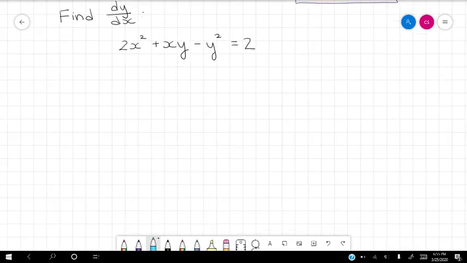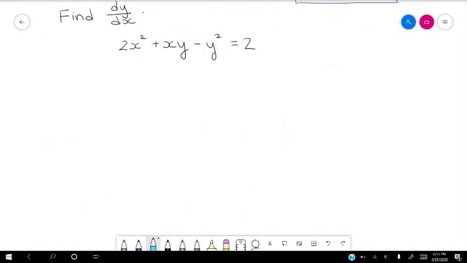Okay, welcome back. So definitely we see the x's and y's are muddled together. We can't get a formula for y all by itself. So we're going to take the derivative of both sides with respect to x, okay? And after we distribute, it's like taking the derivative with respect to x of all terms.